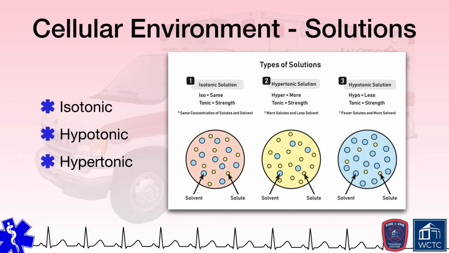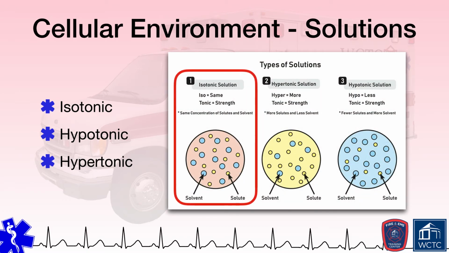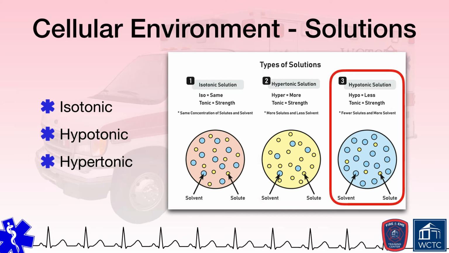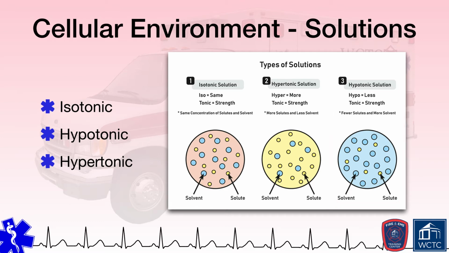In this particular diagram, if a container has an equal portion of solute to solvent, the solution is called isotonic. If the solute exists in a higher concentration to the solvent, that solution is hypertonic. If the solute exists in a lower concentration to the solvent, the solution is hypotonic. When we look at this within a cellular context, we begin comparing the intracellular fluid to the extracellular fluid. Let's use sodium as our solute.